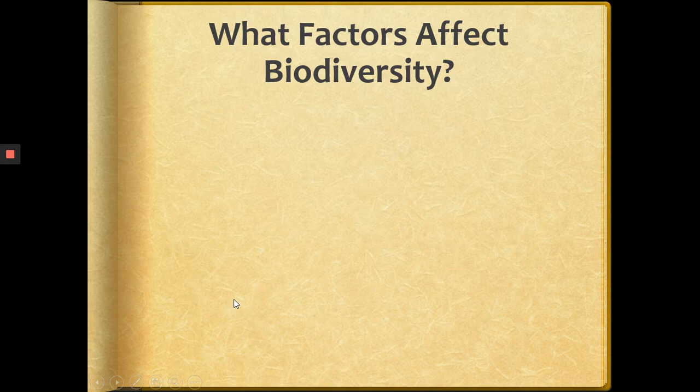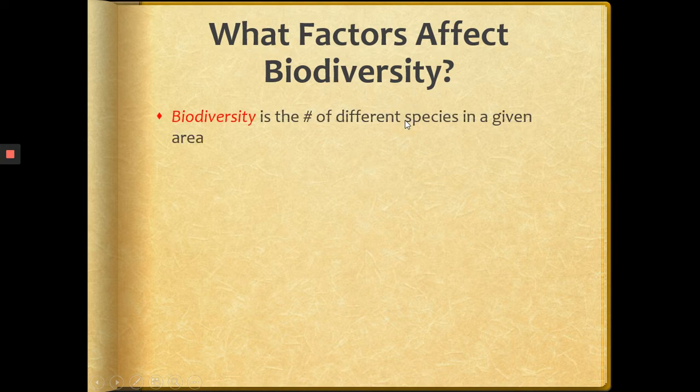So let's flip the page, looking on 374 at the factors that affect biodiversity, or the number of species that can live in a given area. Okay, so again, there's your definition of biodiversity, the number of different species in a given location or habitat. So first is the area, the actual size of the area.